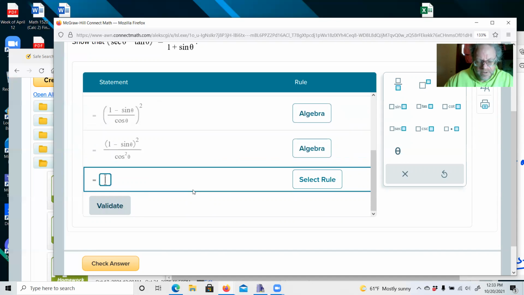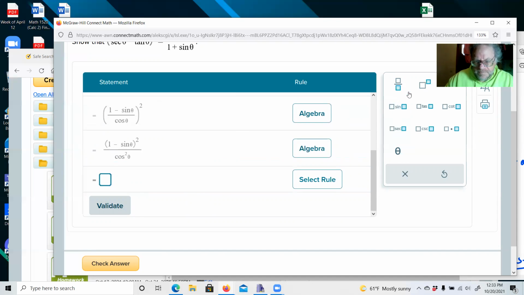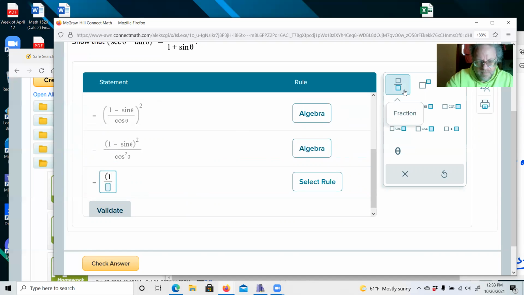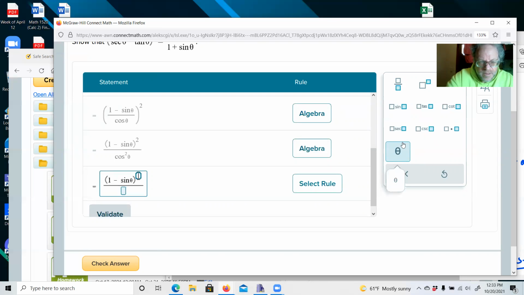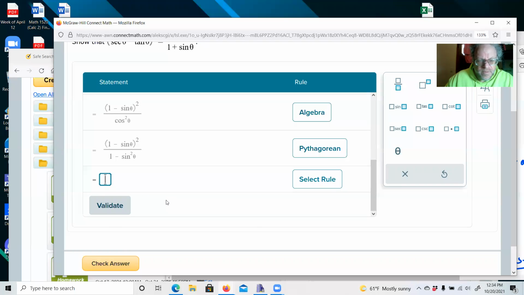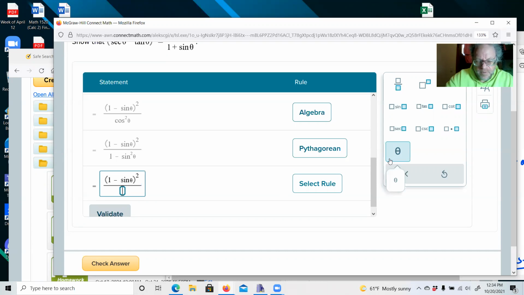All right, see how we're getting there. So this is a fraction. We have 1 minus sine theta squared over 1 minus sine squared theta. And we're going to call that a Pythagorean step. And then we're going to have 1 minus sine theta squared on the bottom, and we're going to have factoring.